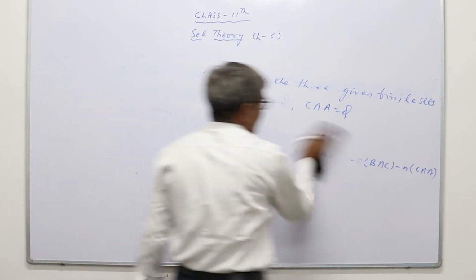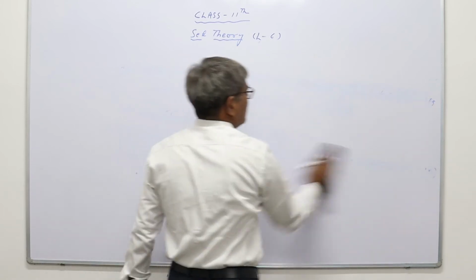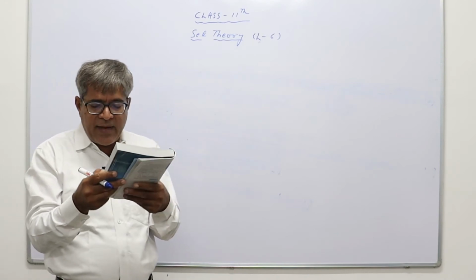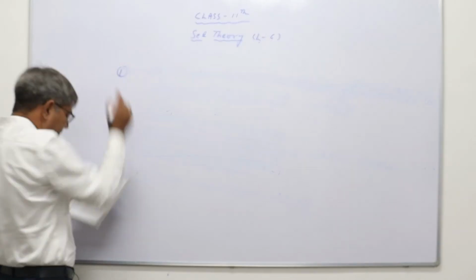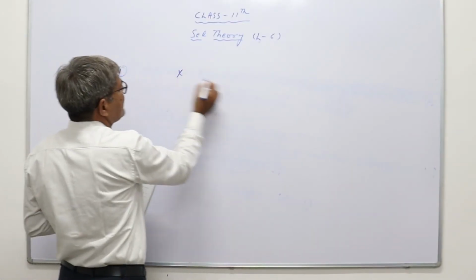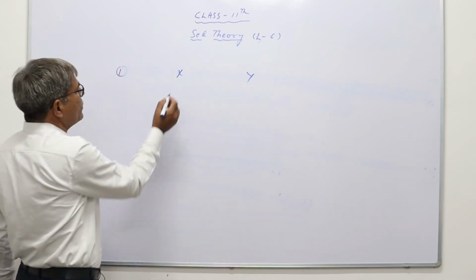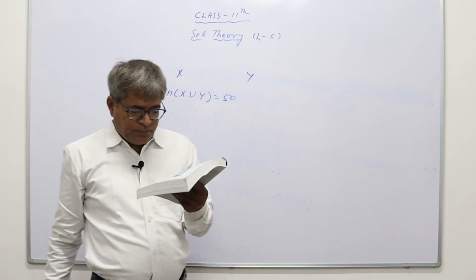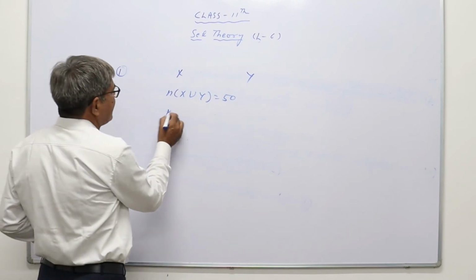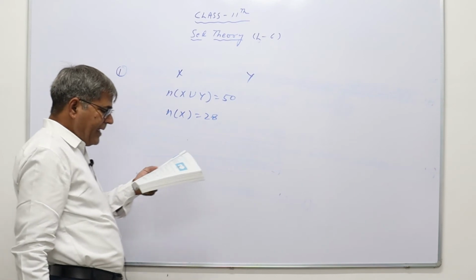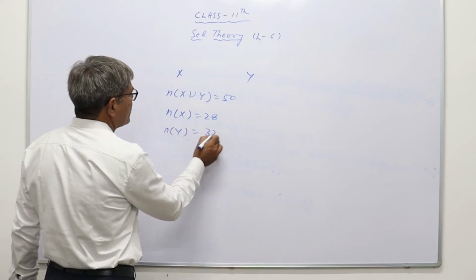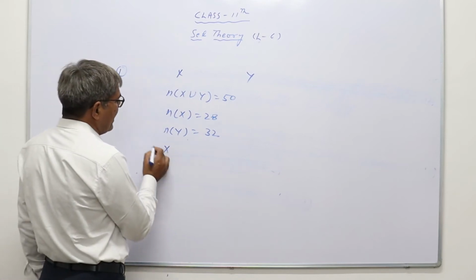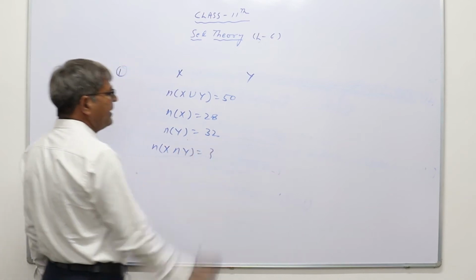Let the first problem: if X and Y are two sets such that X union Y has 50 elements, that is n(X union Y) equals 50, X has 28 elements, that is n(X) equals 28, and Y has 32 elements, that is n(Y) equals 32, then how many elements does X intersection Y have? That is what we have to find.